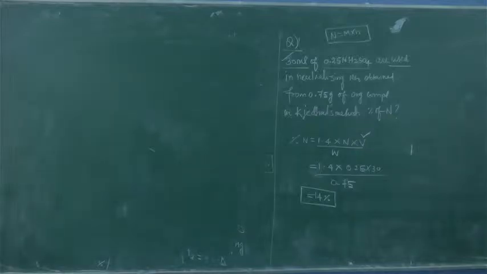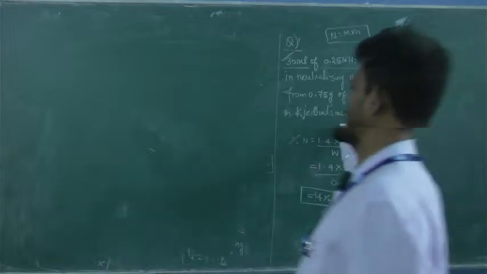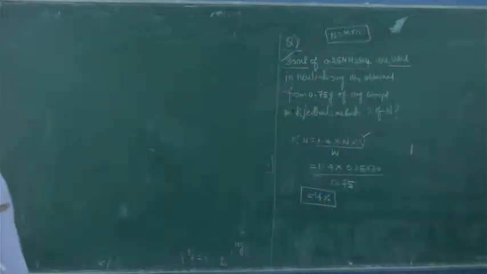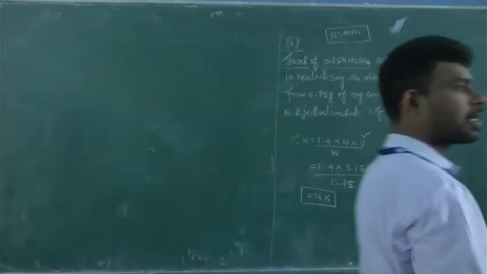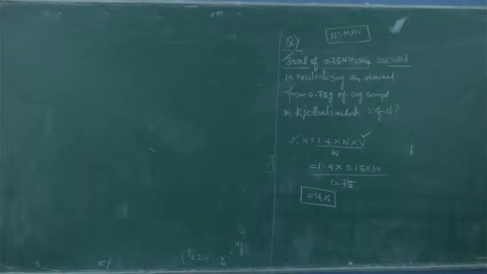Is there any information about the base, about NaOH, in the question? Not given. So if there is no information about the base, we can straight away use this formula. Suppose information about the base is given, we have to do a small modification. Let's see what that is.